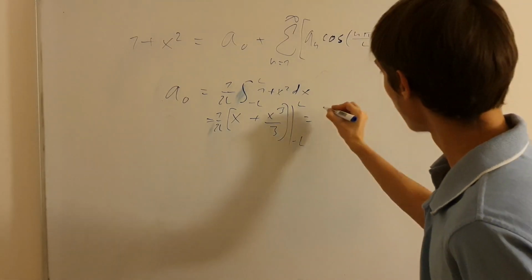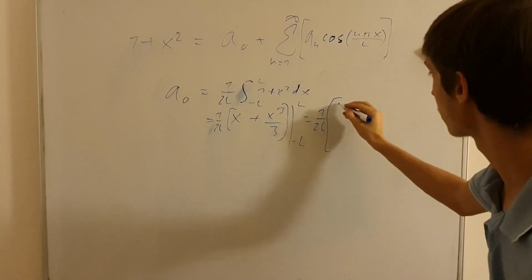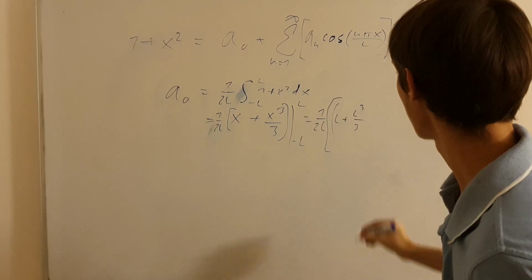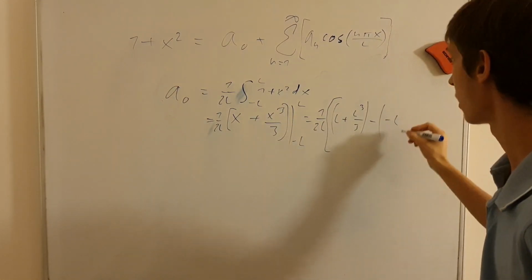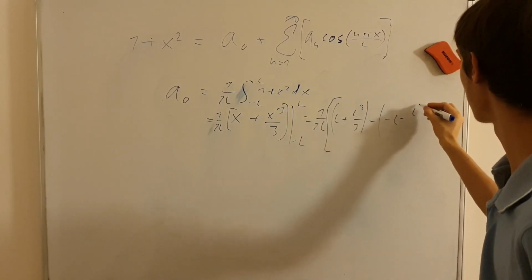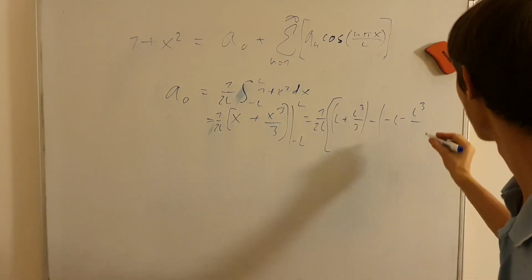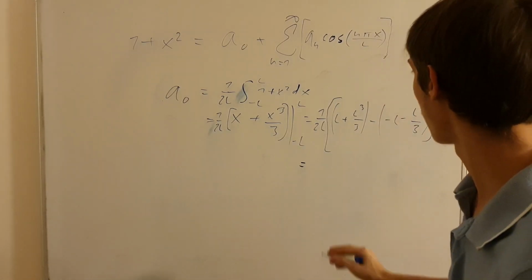So what is that? Well, it's 1 over 2L times, and now I will first plug in the L, which is L plus L to the third over 3. And then I will subtract, and I will plug in minus L. So it's minus L minus L to the third over 3. Alright, so what does this altogether give?